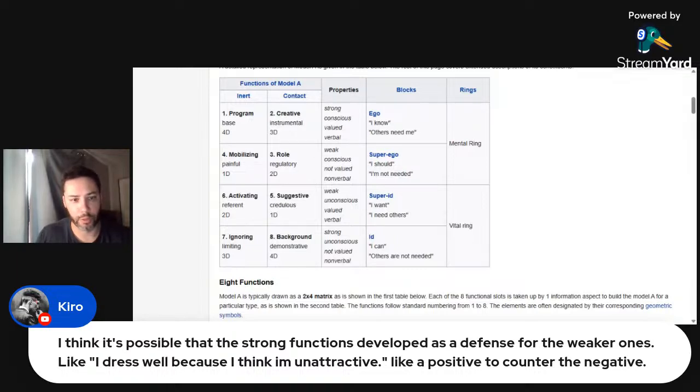I think it's possible the strong functions developed as a defense for the weaker ones, like a positive to counter the negative. Strong functions developed as defense for the weaker ones. I'm going to have to ponder this one a little bit and how I'd like to approach that. You do see some aspects of this kind of thing happen a lot.